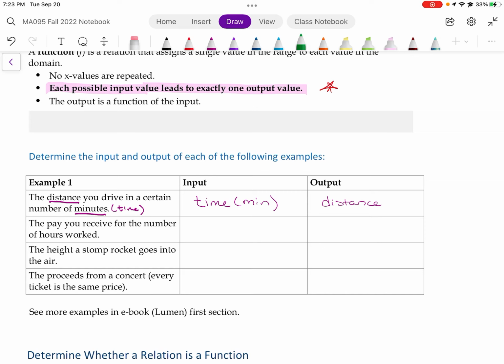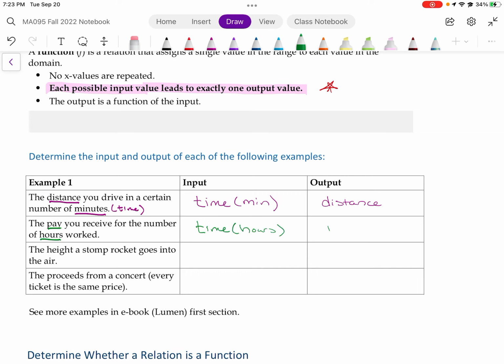All right, the next one: the pay you receive for the number of hours worked. Let's underline the two parts, the pay and the number of hours worked. So which one is the input? Pause the video if you want to think about it, but time is the input, in hours.